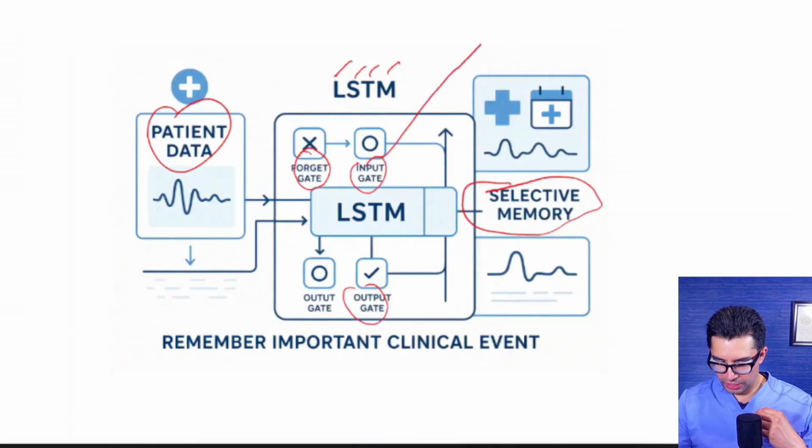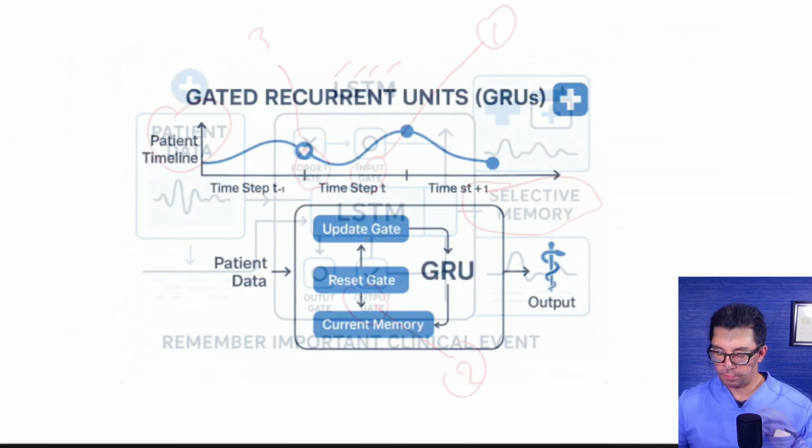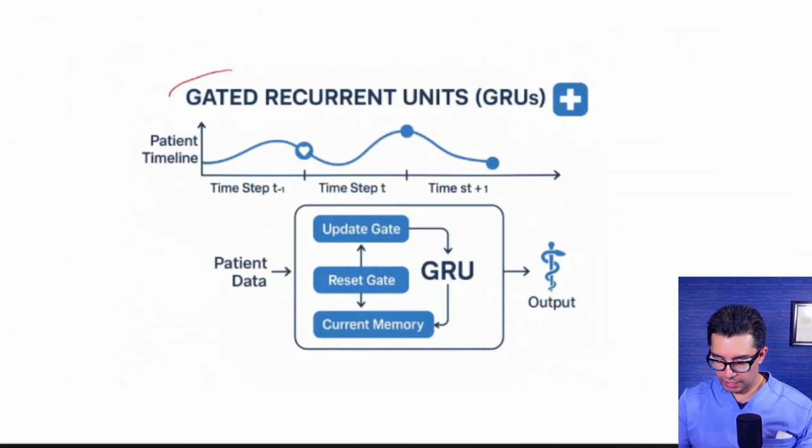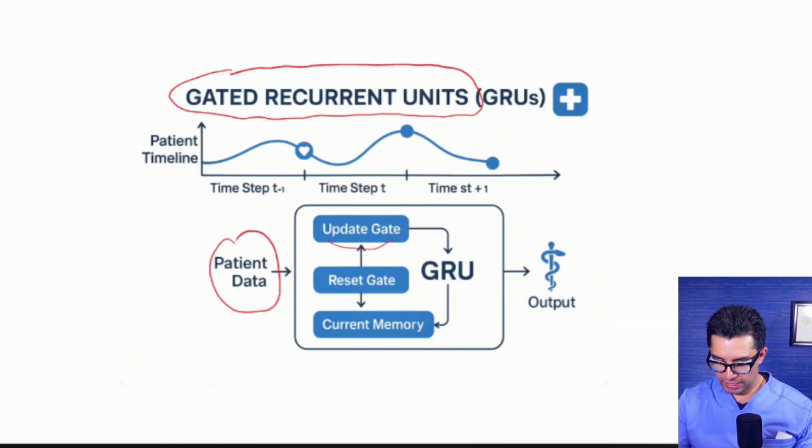And the other key difference is that LSTMs are more complex architectures with 3 gates. We saw the input, output, and the forget gate. Whereas when you are looking at the gated recurrent units, the GRUs, you have the patient data, you have an update gate and a reset gate.